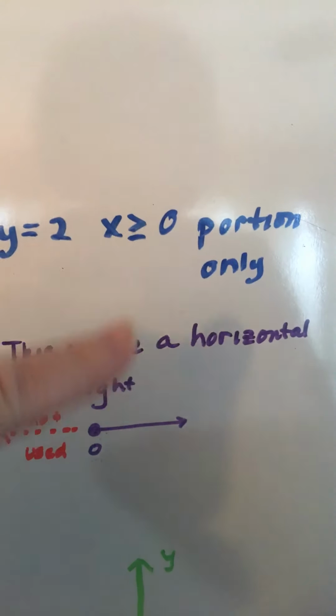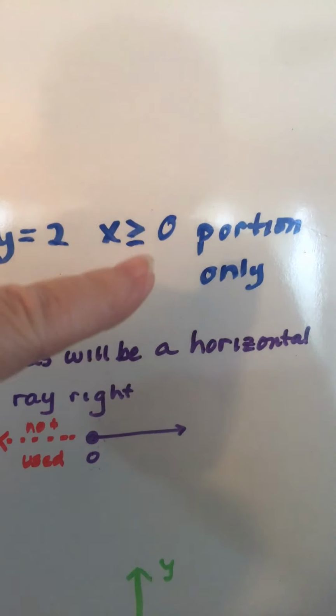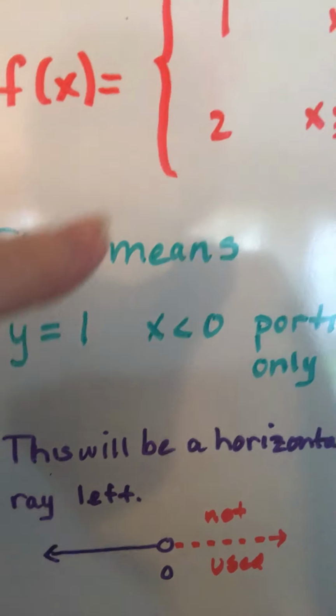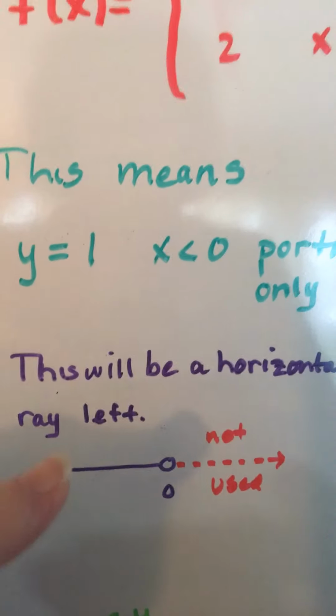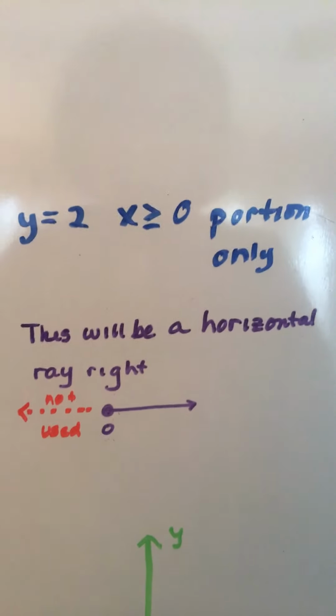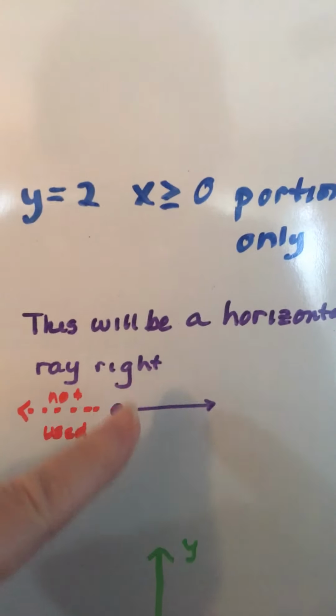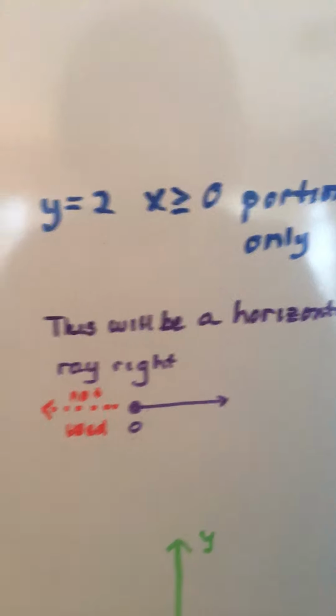This means that the line will go right. Now please look at this arrow. Do you see the arrow matches the arrowhead, and over here the less than matches the arrowhead? We keep telling you this, but some of you keep forgetting it. So I'm not going to want the whole line, but only a portion of it starting at 0.